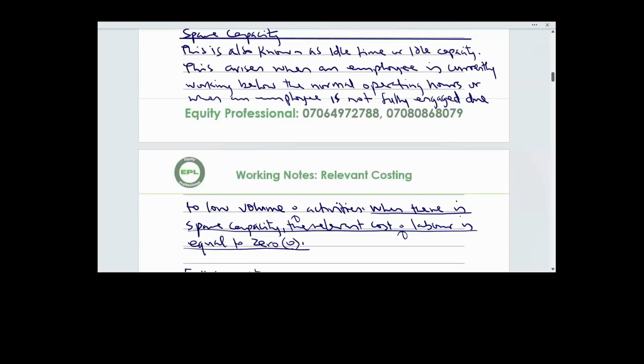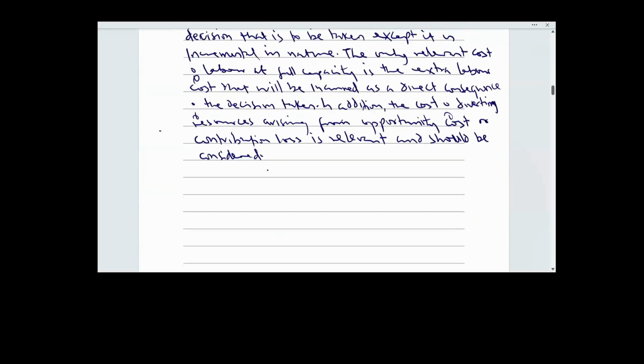Okay. Now, what are the exam tips? Finally, let me give you the exam tips that you need to take home under this. One thing you need to understand is that relevant cost questions are solved from the additional information. The question will be scenario based. If you are lucky, you may be given just one page question.